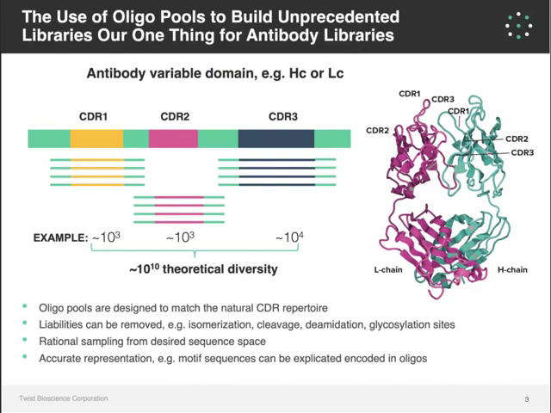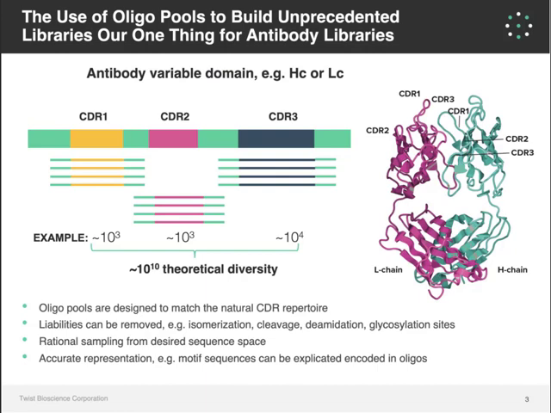The reason why making libraries in this way is really game-changing, in my mind, is that when I synthesize those oligos in those pools, I can make sure that they exactly match the human repertoire. So the resulting antibodies that come out of the library look a lot like what you would find in any human antibody derived from a person.